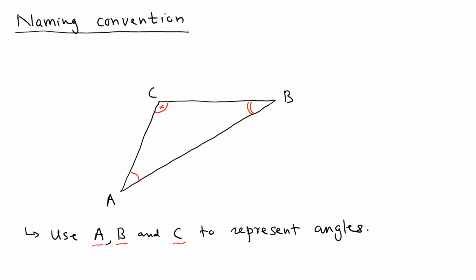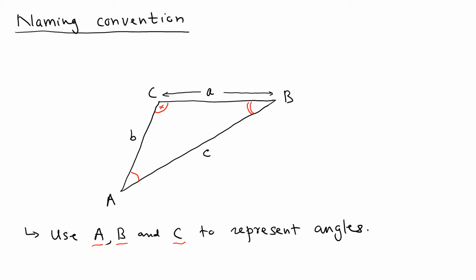So we can use the lowercase a to represent the length of this side. Similarly, opposite to B is the length of AC, which we represent as lowercase b. And the length of AB, which is opposite to C, we represent as lowercase c.